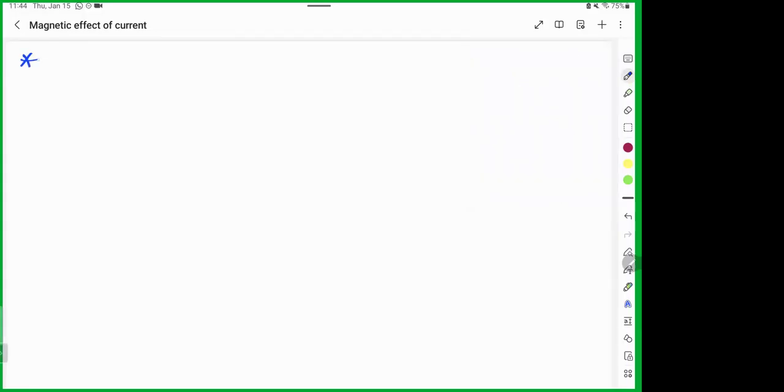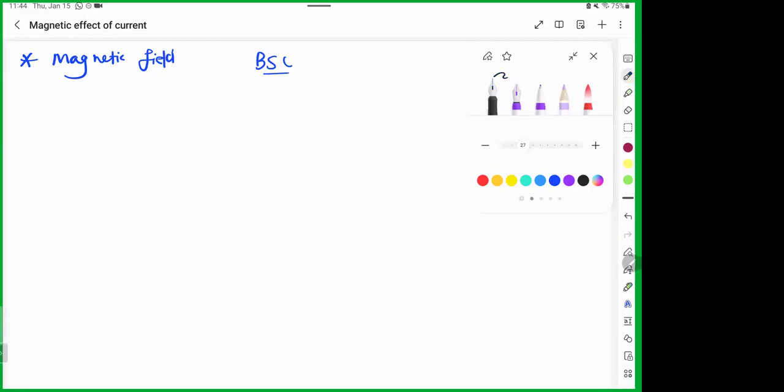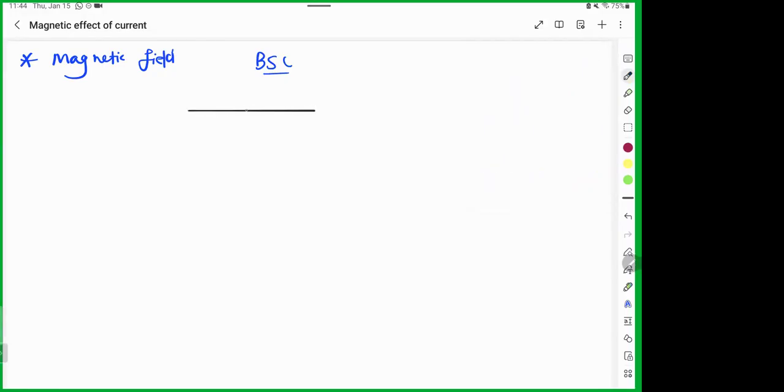So we are doing magnetic field, and in this magnetic field, Biot-Savart law says that if you take a small segment, for example, this is one rod, and this is a small segment of the rod. To calculate the magnetic field for this, it depends upon the current element I cross dl.